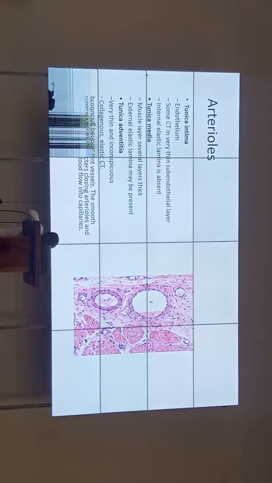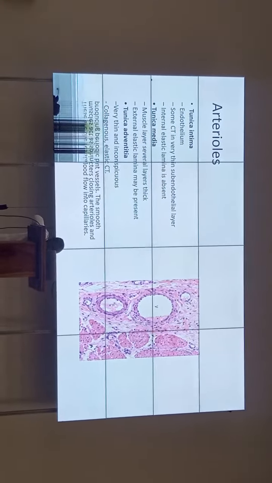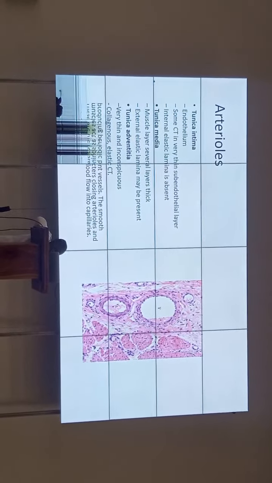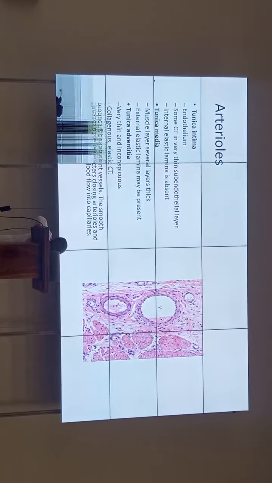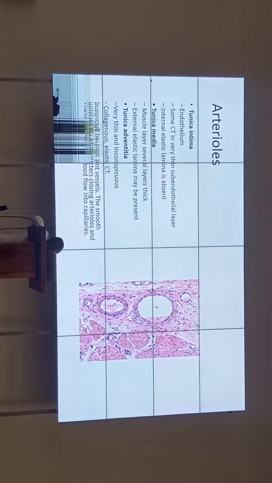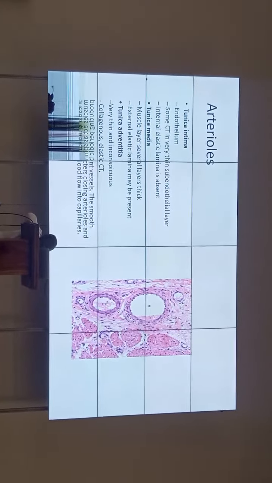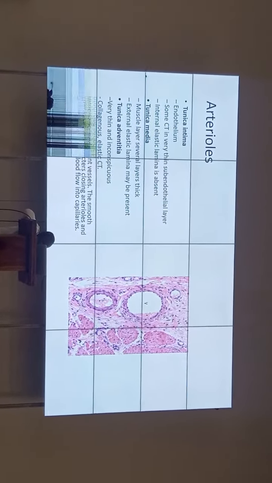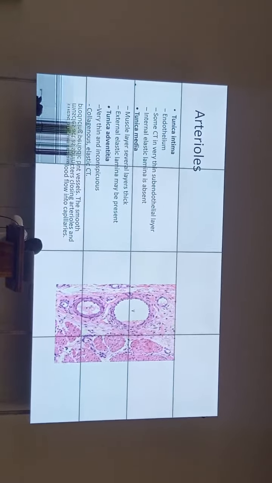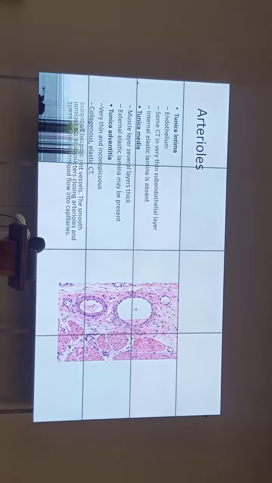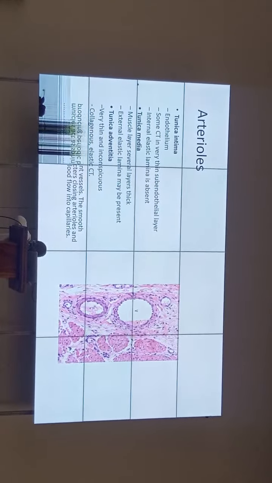How about the tunica media? The tunica media will have smooth muscle cells, quite all right, and maybe a little bit of elastic fibers. In terms of the external elastic lamina, it may or may not be present.